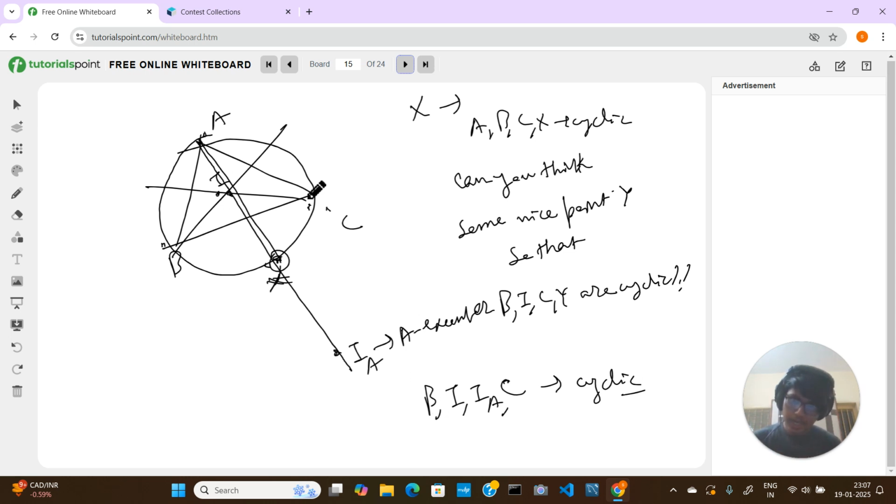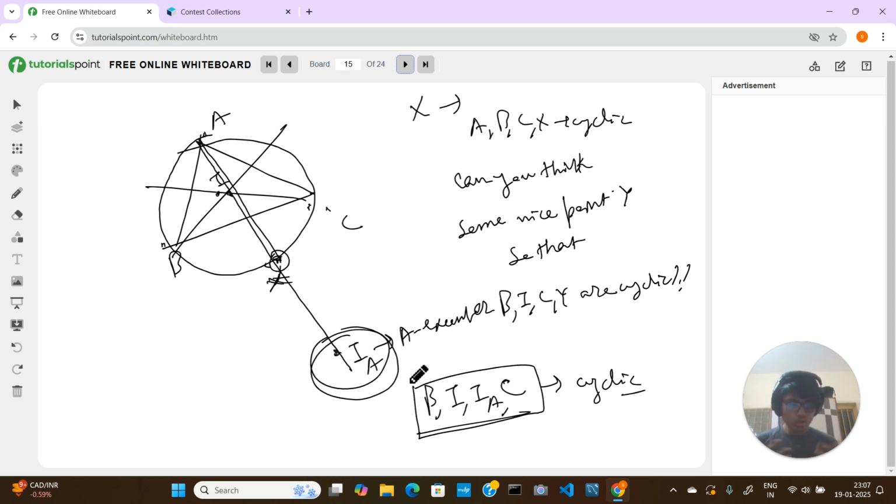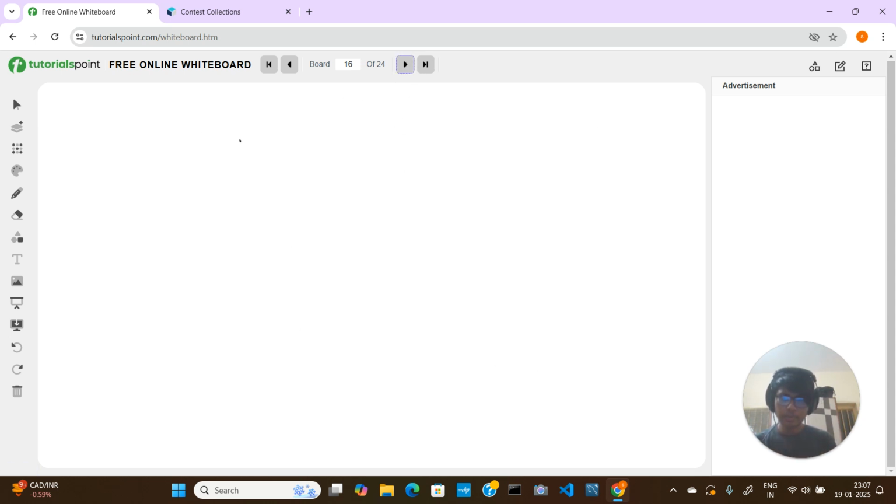So originally we had ABC, we wanted the point X. Now we have BIC. If we can somehow get this point IA, then we can construct the circumcenter of triangle BIC. Now, how can we get IA? If you see, IA lies on the interior bisector of angle ABC.